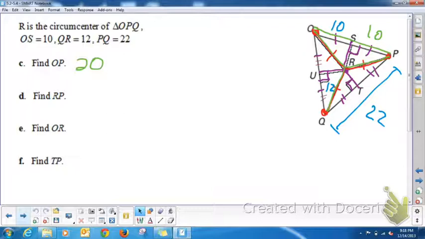So if RQ is 12, RP would also be 12. OR, what would that be? Again, it would be equidistant from the endpoints, so it would be 12. And then lastly, TP. If we know this entire side is 22, then TP would be 11.